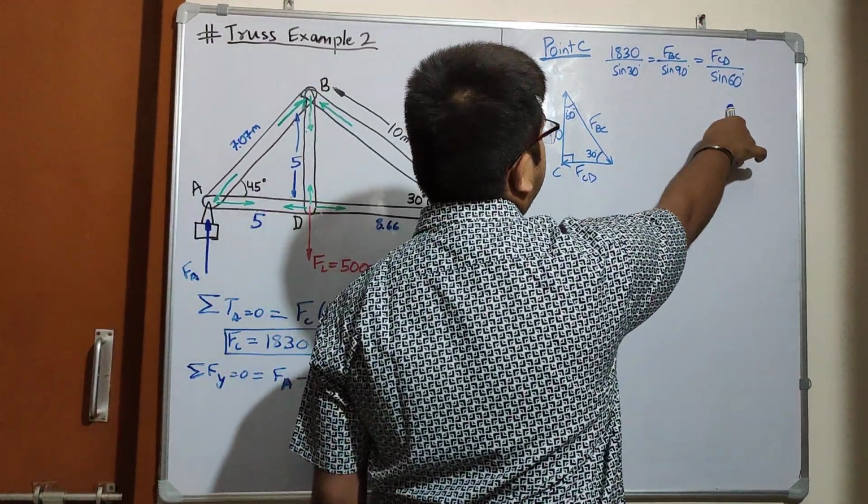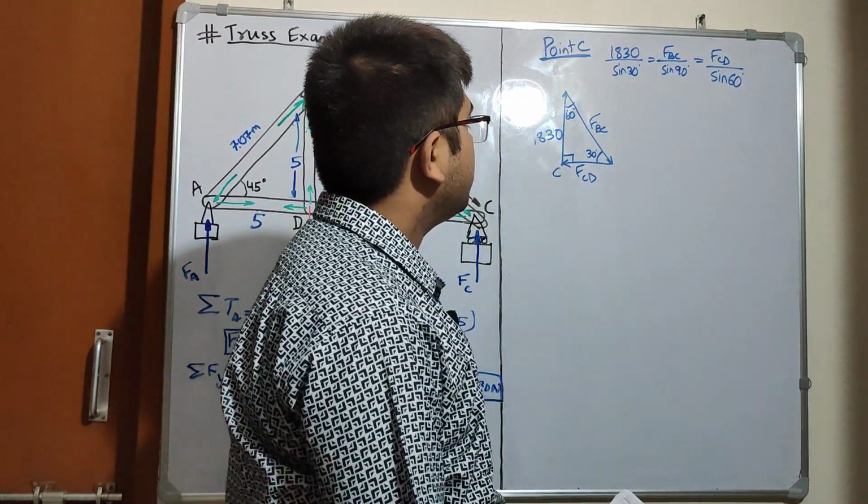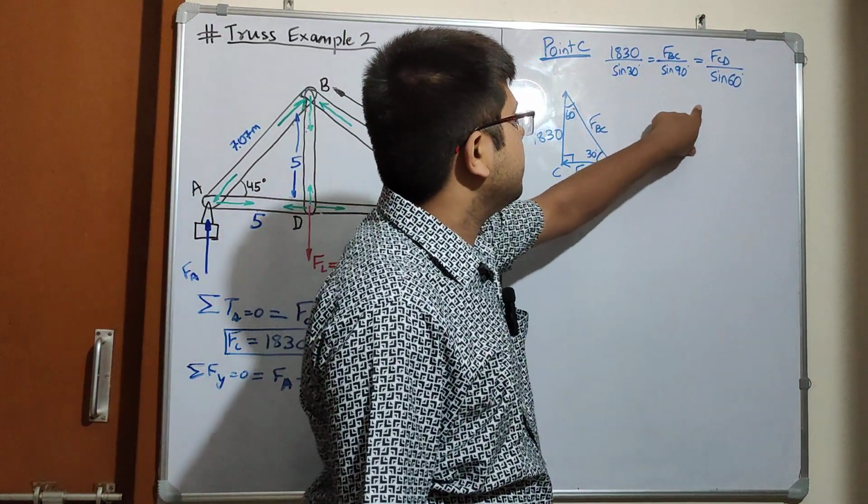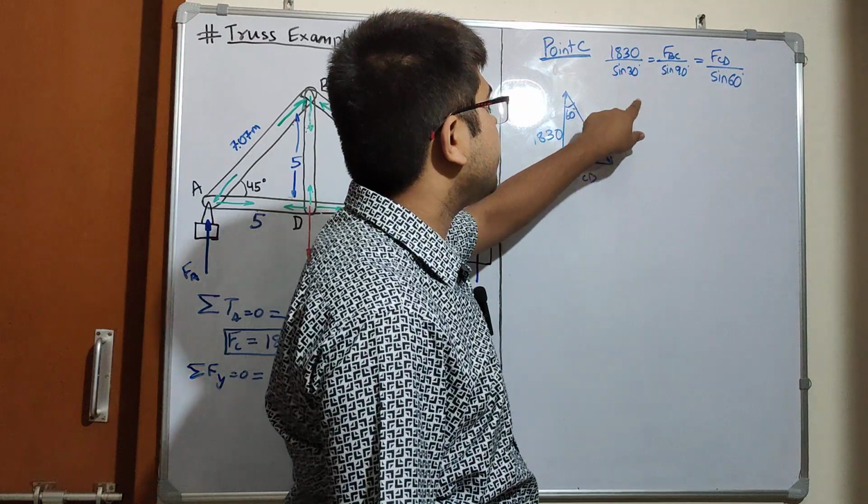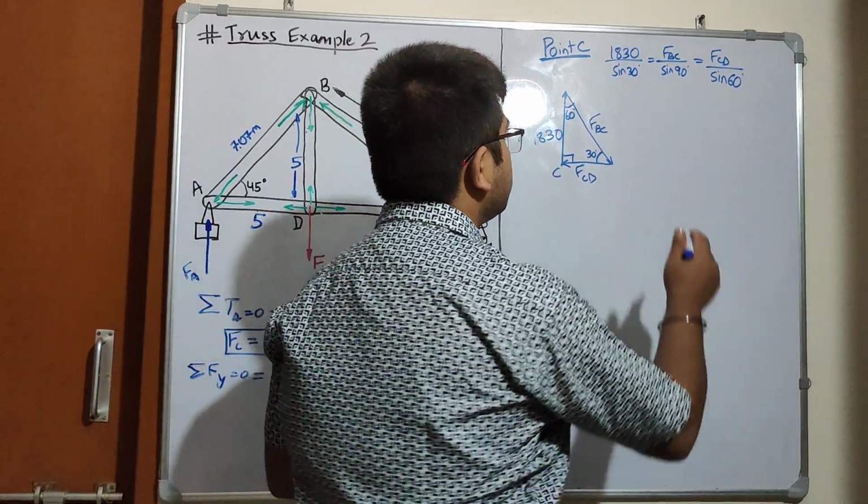So this is the relation that we have got from this sine rule. We have got this equation. From this we will get FBC and FCD.